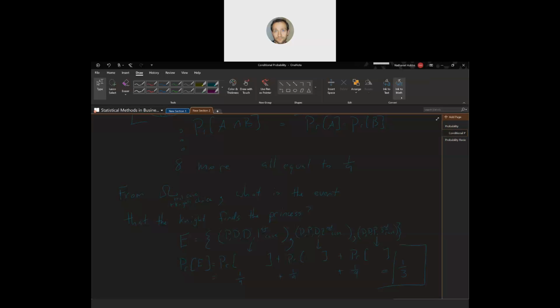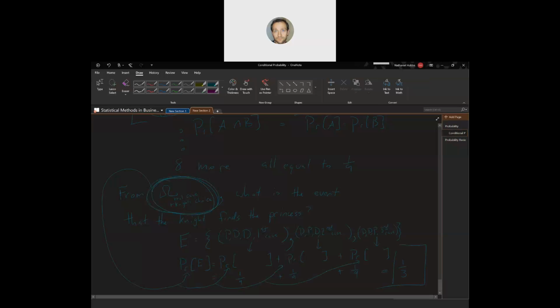So, yeah, that's it. I should note that technically, when I'm saying probability here, it's the probability from this joint world. That's where each of these probabilities are coming from.